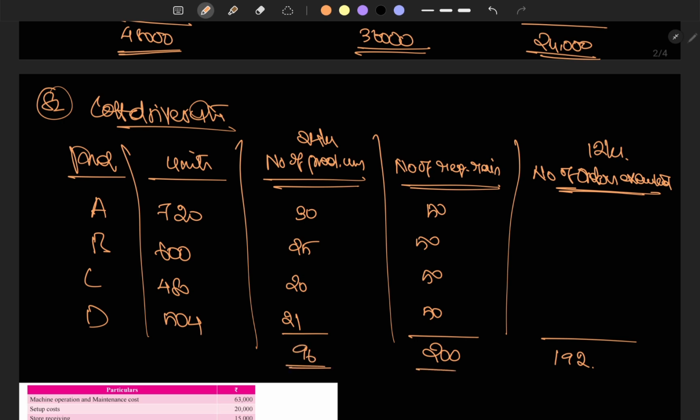Total number of production runs is 96. Total number of requisitions raised is 200. Total number of orders executed is 192.